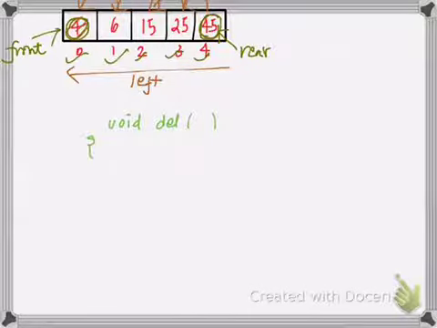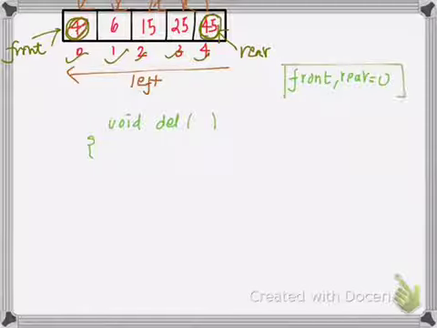At first we have to check if our queue is empty or not. If our queue is empty, then certainly we cannot delete any element from the queue. We know that our initial condition is that both the front and rear variables that we declared in our previous presentation are equal to 0.